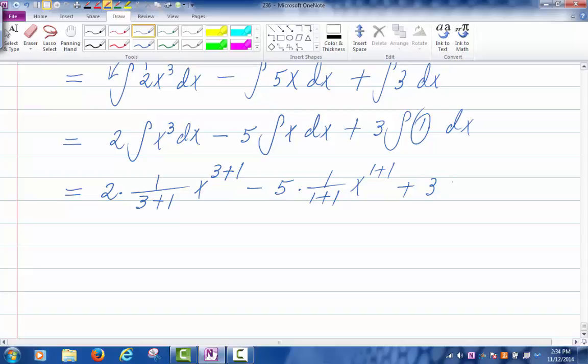Give me a function whose derivative is 1. X, right? The derivative of x is 1. So plus a c at the end. And what is that? Well, this is 2 divided by 4 x to the 4 minus 5 divided by 2 x to the 2 plus 3x plus c.